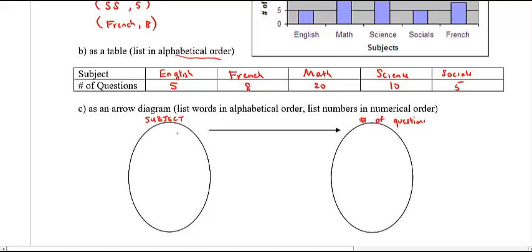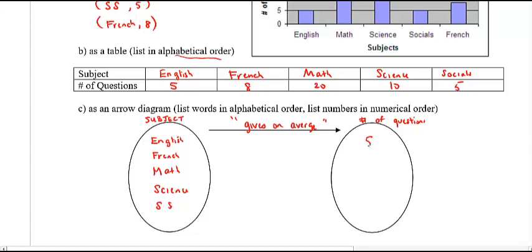The subject, so English, I'll say, gives on average the number of questions. So let's list them out. English, French, math, science, socials. Okay, and then it says list the numbers in numerical order.